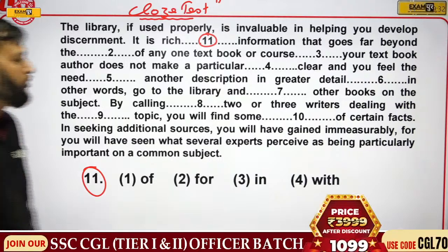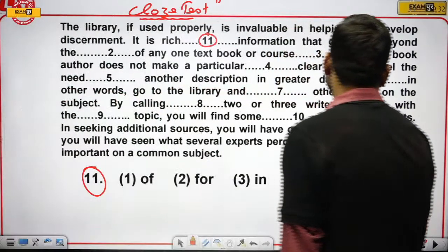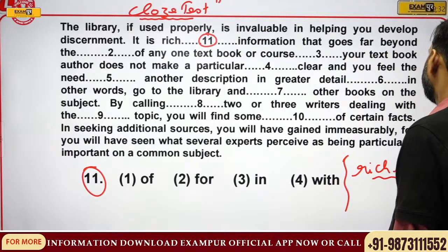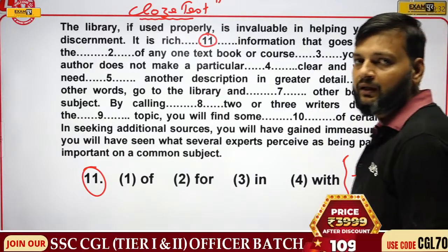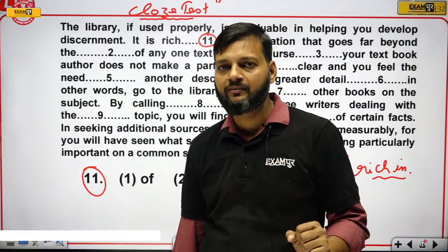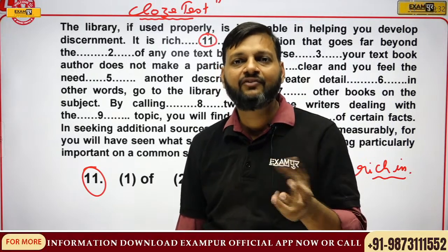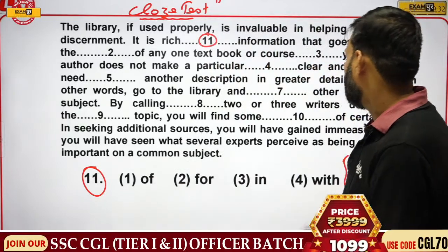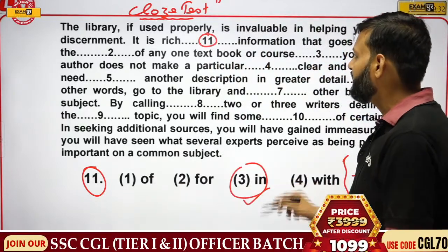So you should keep in mind that if something is rich, it is followed by in. Okay, for example, this food is rich in vitamins and minerals. Okay, this land is rich in minerals. Okay, so rich is always followed by in. So here option number 3, in is the right answer.